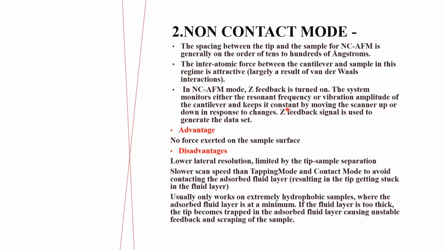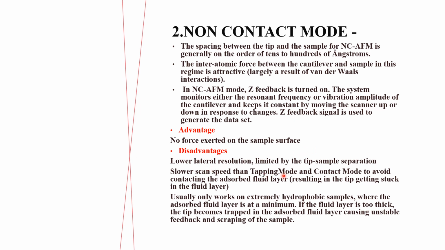Non-contact mode means the attractive kind of force works. The feedback loop mechanism gets activated, and the main use of the feedback loop is that the distance between the cantilever probe and the sample has to be kept constant, and it is used to generate the data. Advantage: no force is exerted on the sample surface.